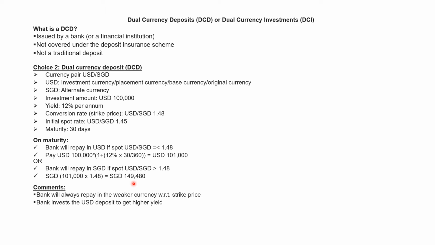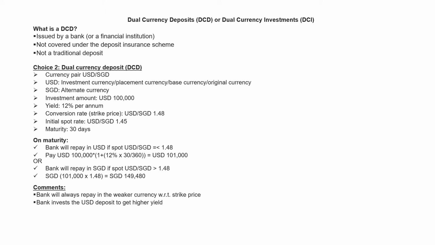So you need to remember these two amounts, US dollars 101,000 or Singapore dollars 149,480. Note that the bank invests the money received from the investor in US dollars, deposits it somewhere where it expects to get more than 1% return for the month so that it can make a profit in the deal.